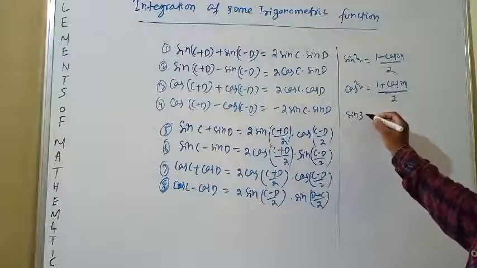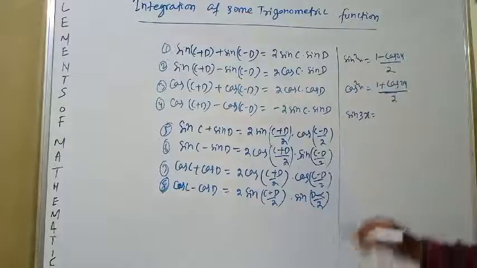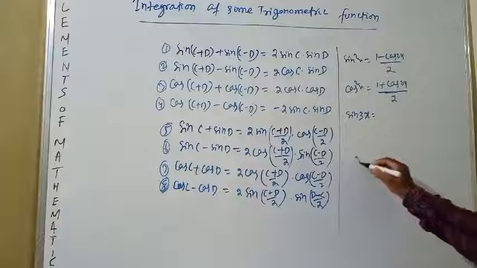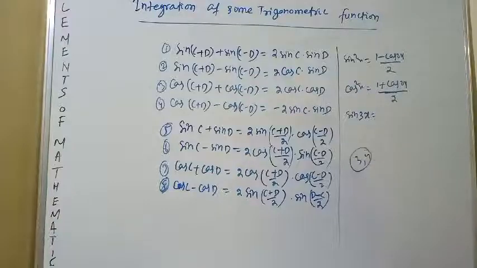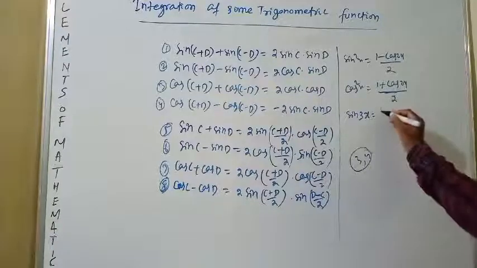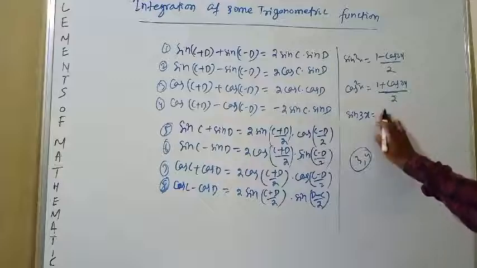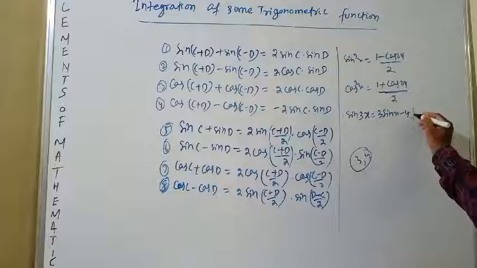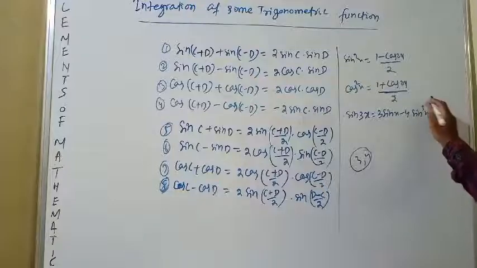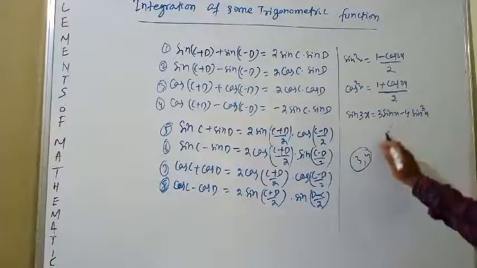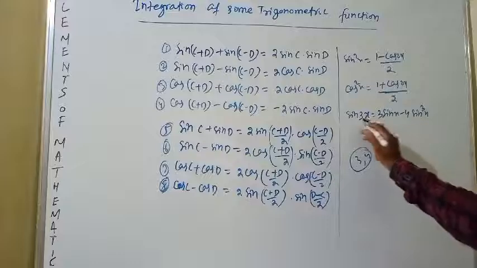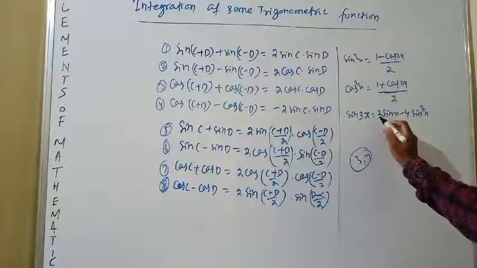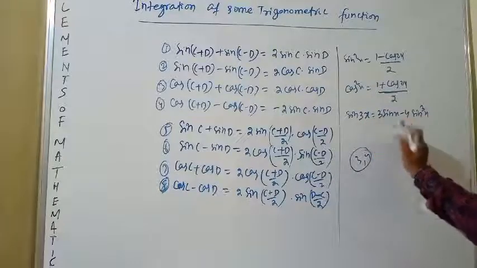Sin 3x. For this formula you just remember 3, 4. This is a trick. 3, 4 means sin 3x is equal to 3 sin x minus 4 sin cubed x.